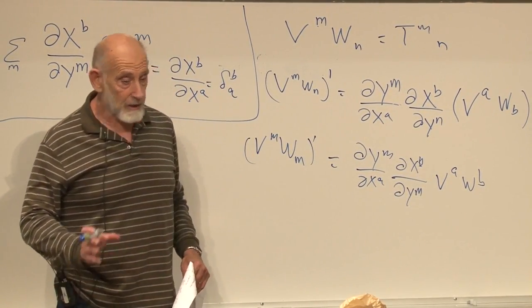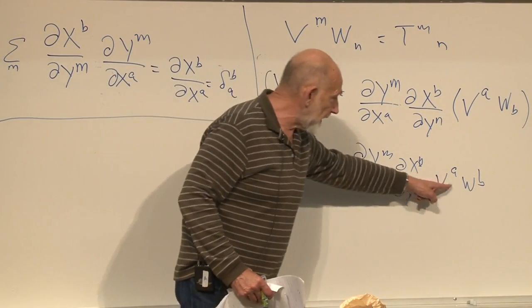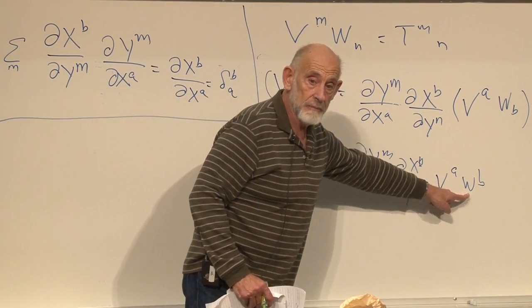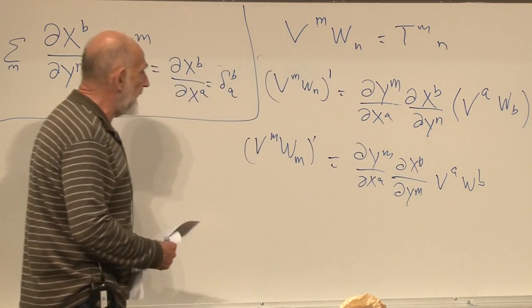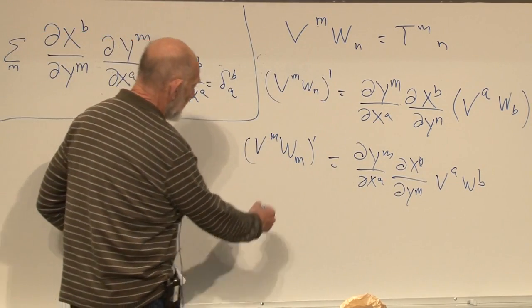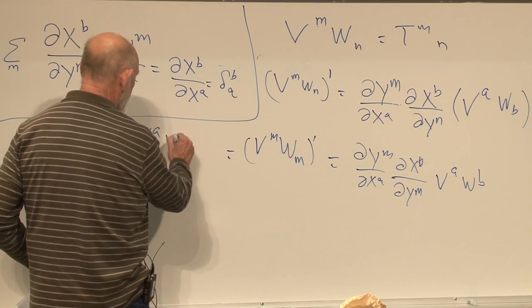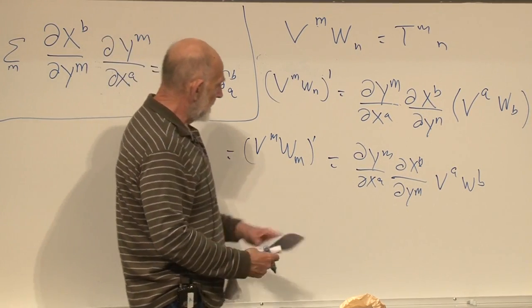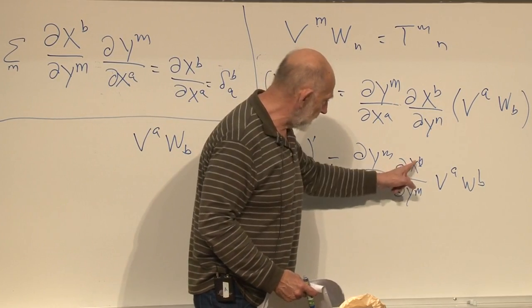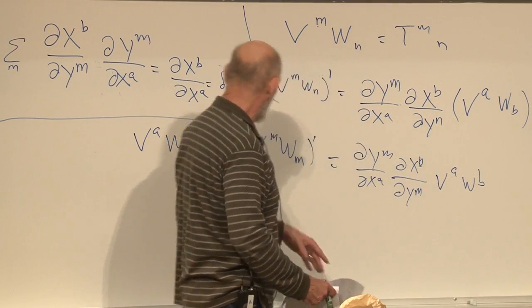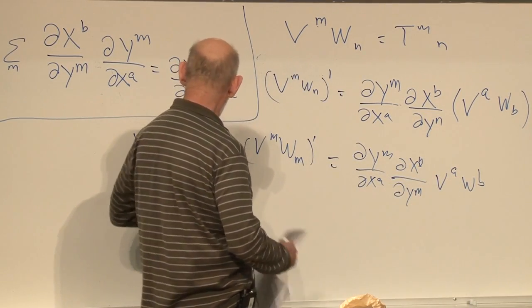And delta is simply the instruction to set A equal to B. That's what it is, a little machine which says set A equal to B, and the result is that this thing is equal to V^A W_A.